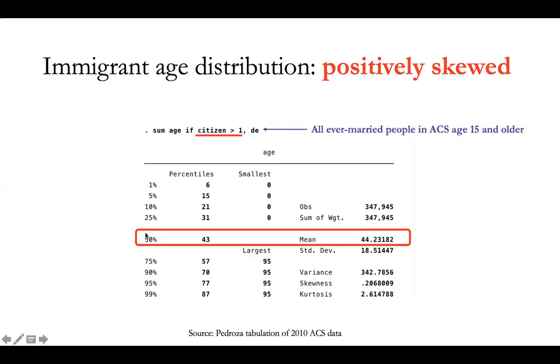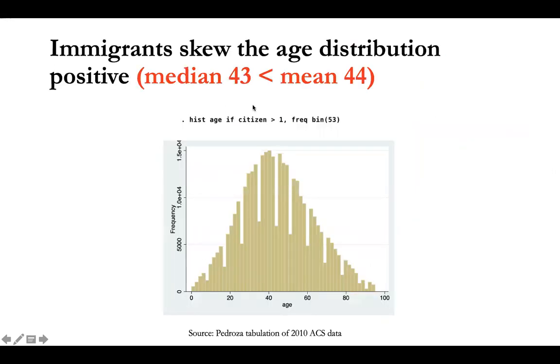And now here we see that the median is 43, which is smaller than the mean of 44. So immigrants skew the age distribution to be positive. You have the median smaller than the mean. And this looks close to symmetrical, but technically it is skewed positively because of the median and the mean.